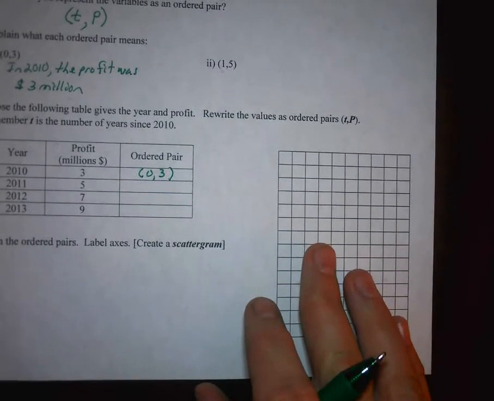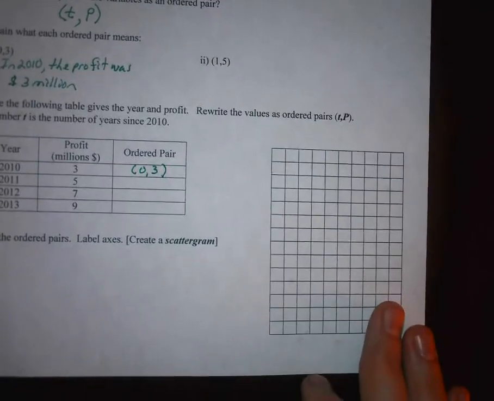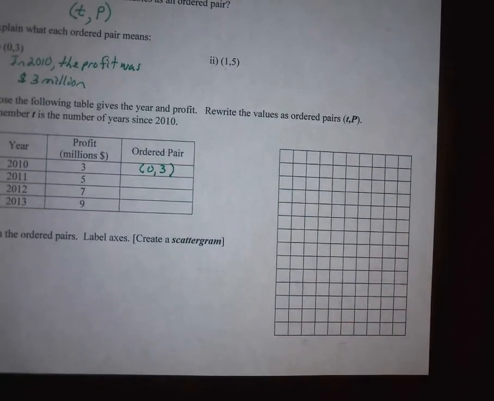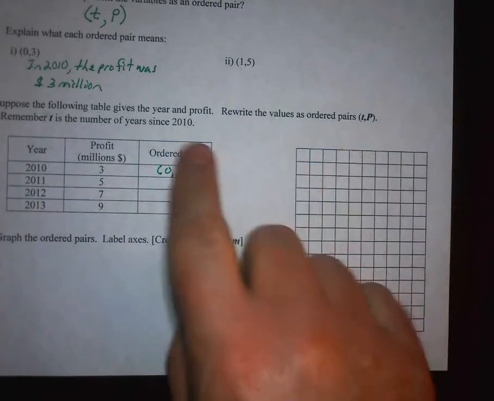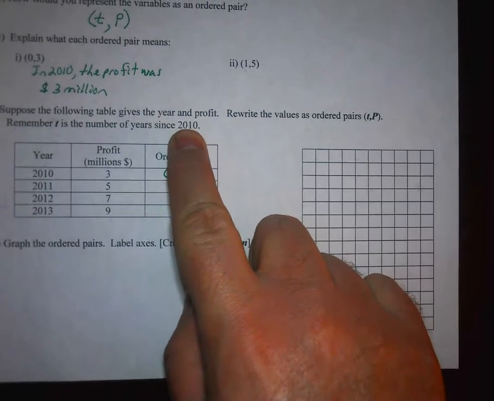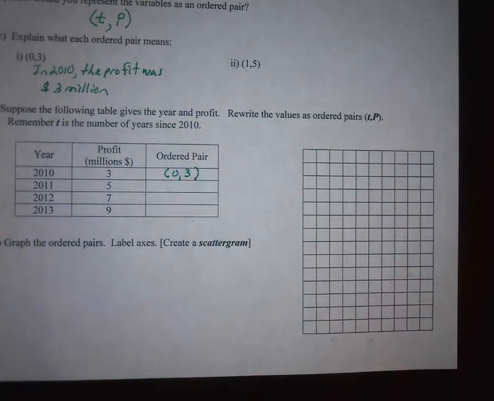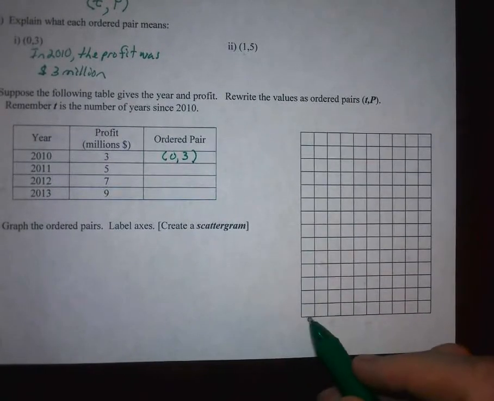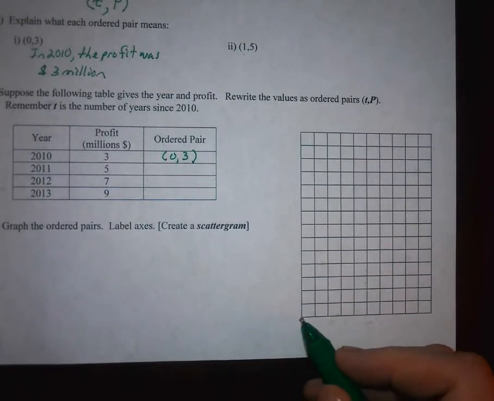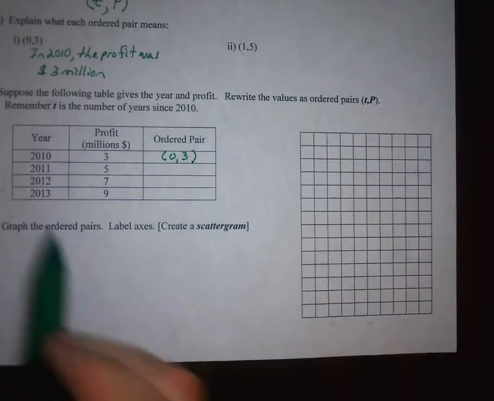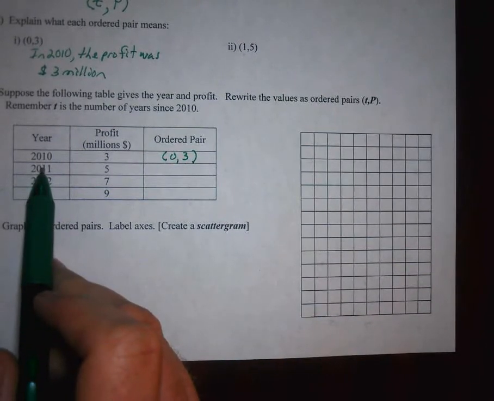Okay, so on our graph, what's different now is that when you were graphing x, y values, there was no context to the question. So now we know that T is the number of years since 2010 and P is the profit in millions of dollars. So we can't start the graph at year 0 and then say year 1, 2, 3, 4 all the way to 2010.